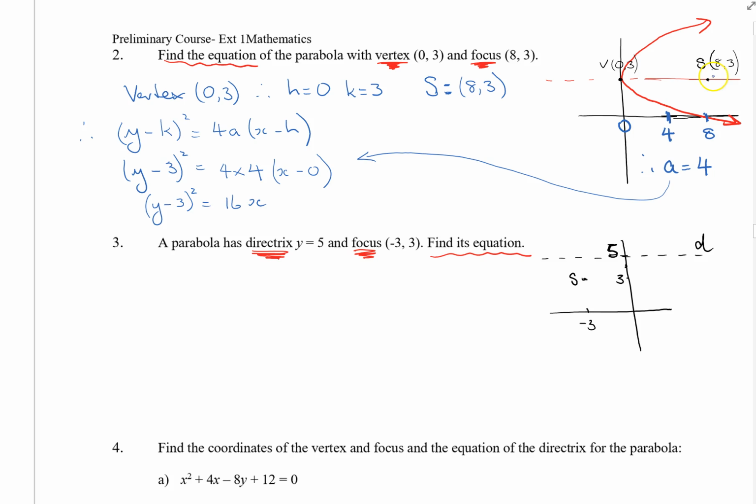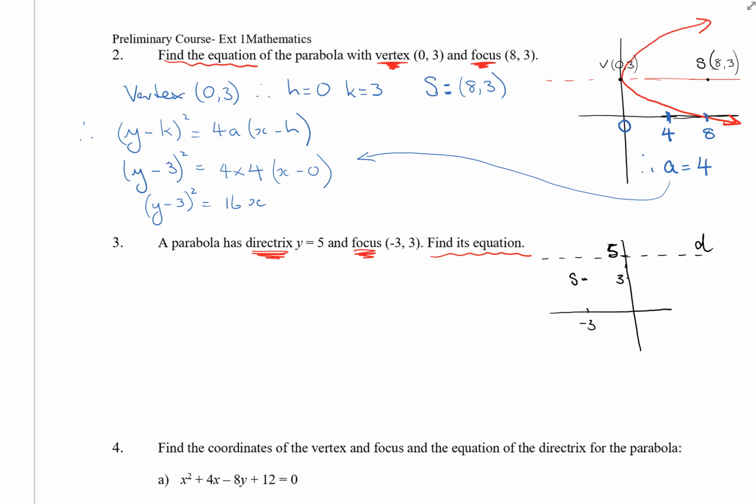It's because my understanding about focus is the focus has to be inside the parabola. With 0,3 as the vertex, there is no other configuration for my parabola that will give me its focus inside my parabola unless it is sitting in this position.